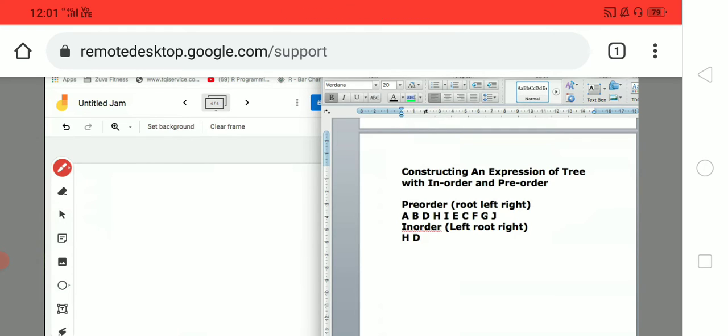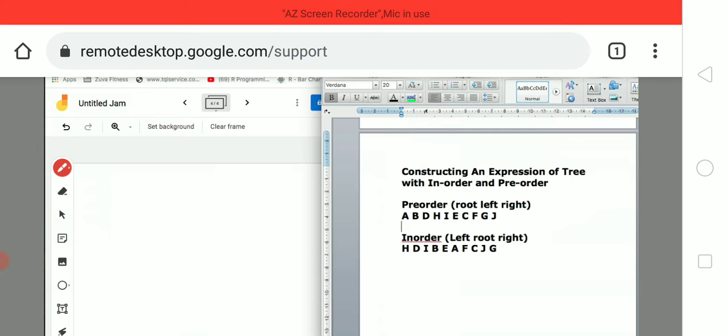H, D, I, B, so here I gave pre-order and here I gave in-order. So by using pre-order only, we can construct a root node.